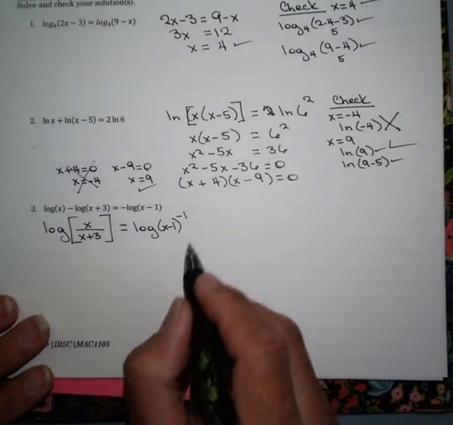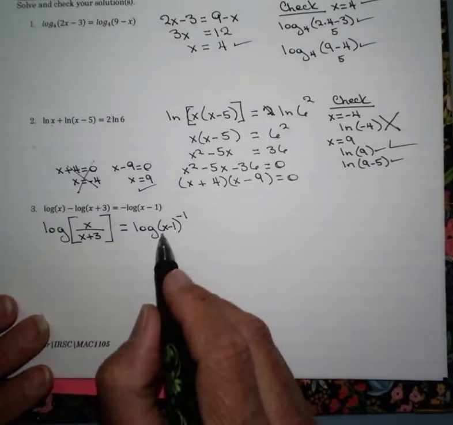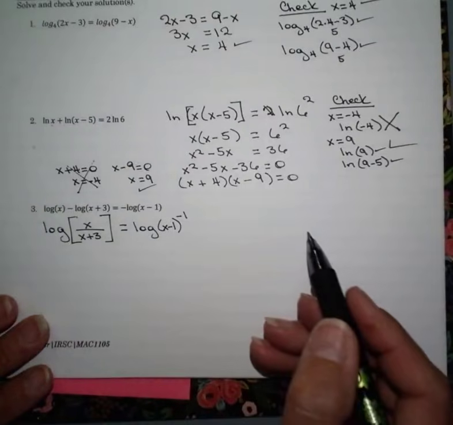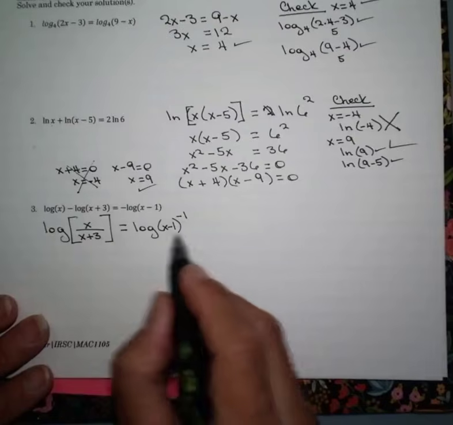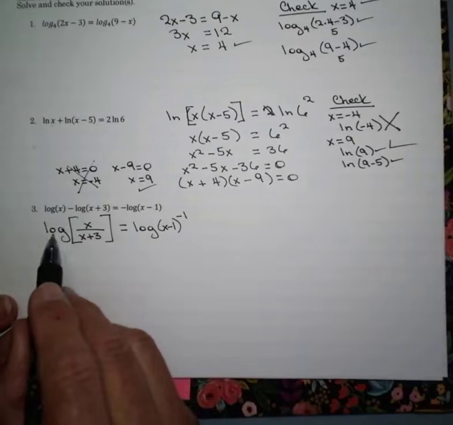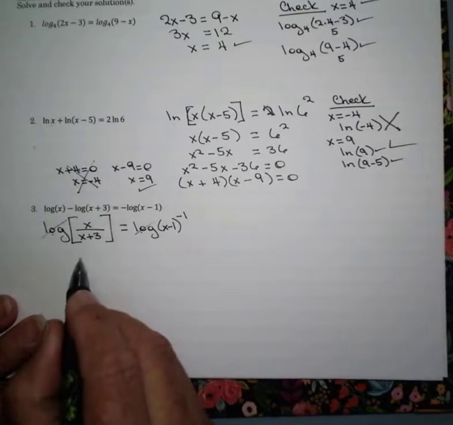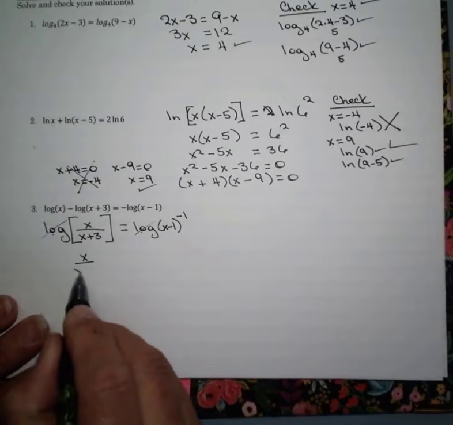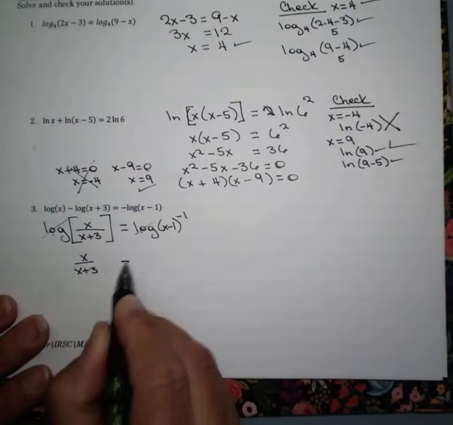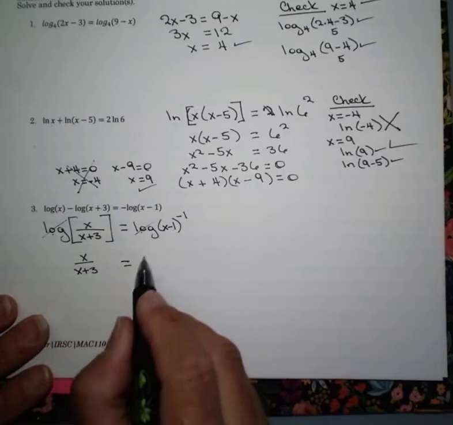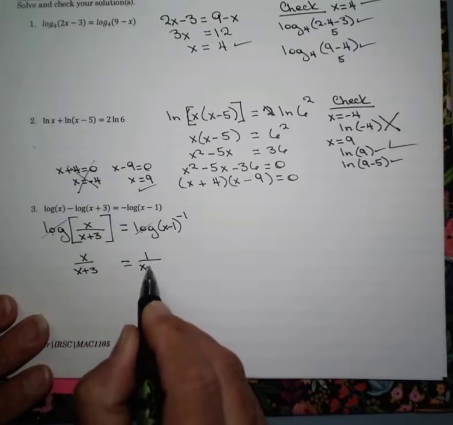Well, it would look like a fraction, with a numerator of 1 and a denominator of x minus 1. Now, I've got log base 10, log base 10. I can get rid of the logs, can't I? So what do I have? I have x over x plus 3. And I'm going to go ahead and write this as a fraction. It's really 1 over x minus 1.